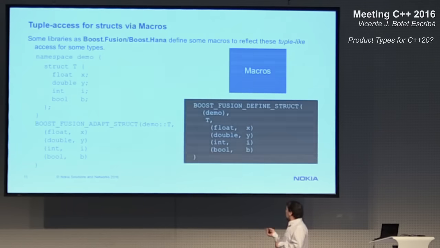And we can also define, at the same time, the structure and the access. But for example, Boost Hana defined other macros because the access is a little bit different. While this gives us some kind of reflection on the structure, we don't have a single interface to these types.